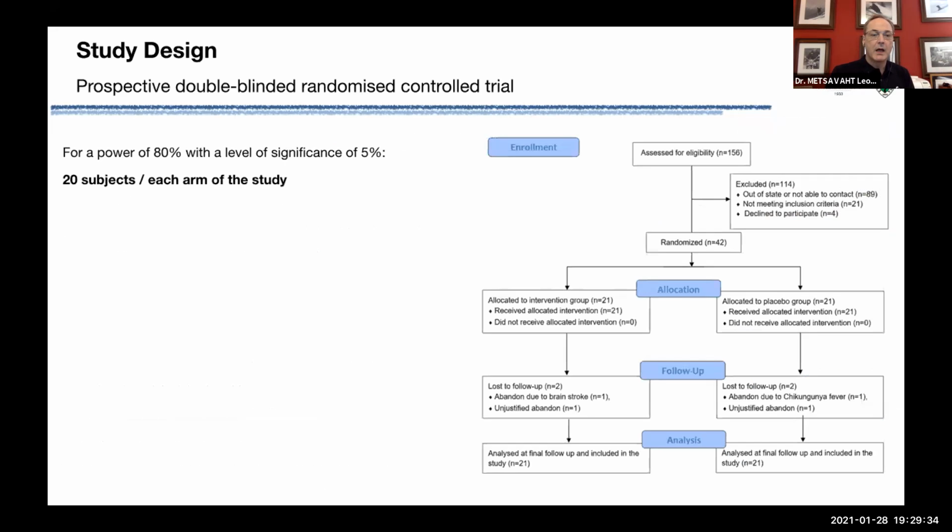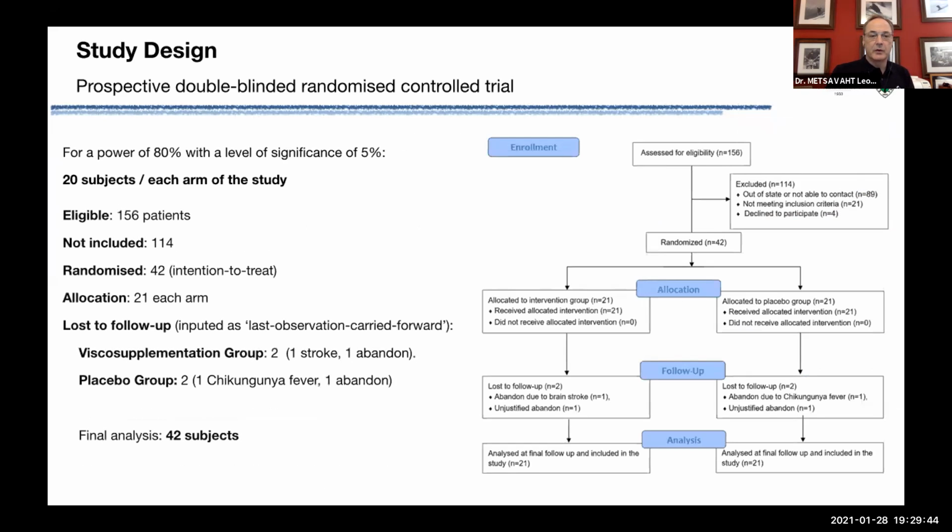So to have a power of 80% with a level of significance of 5%, we needed 20 subjects in each arm of the study. So we had 156 patients.